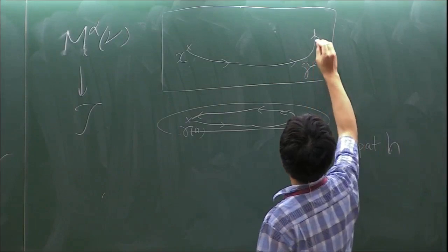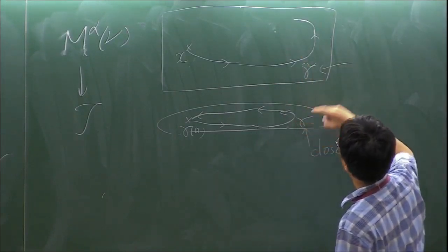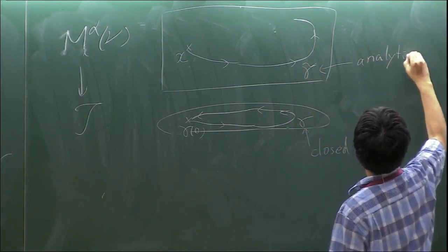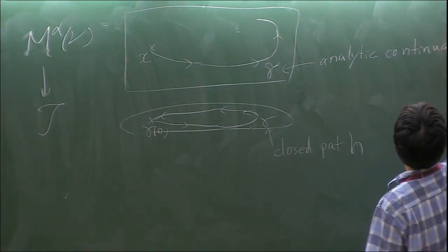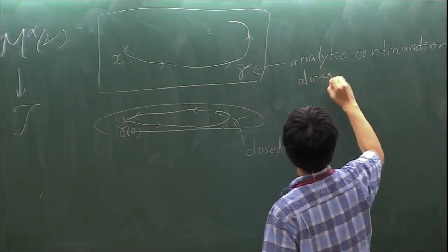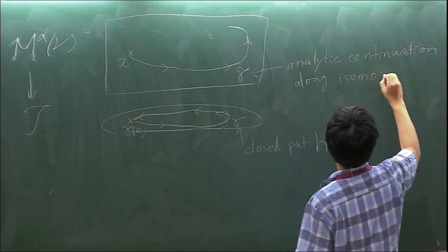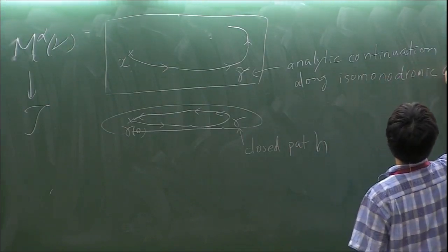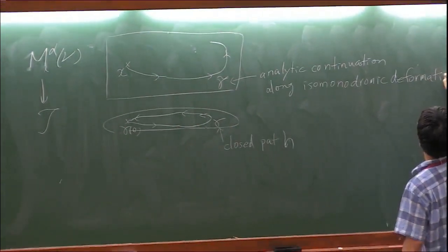Then the lift gamma tilde, which is a lift of gamma, is an analytic continuation along the isomonodromic deformation.